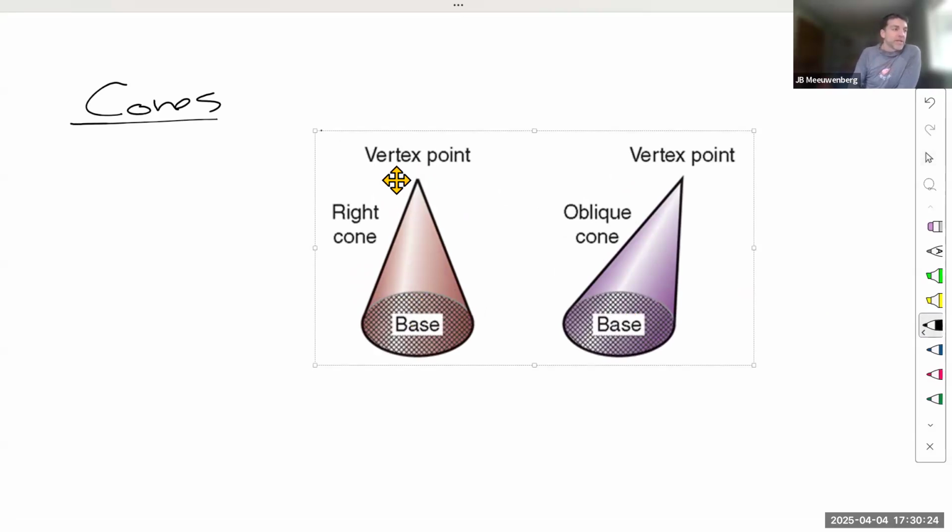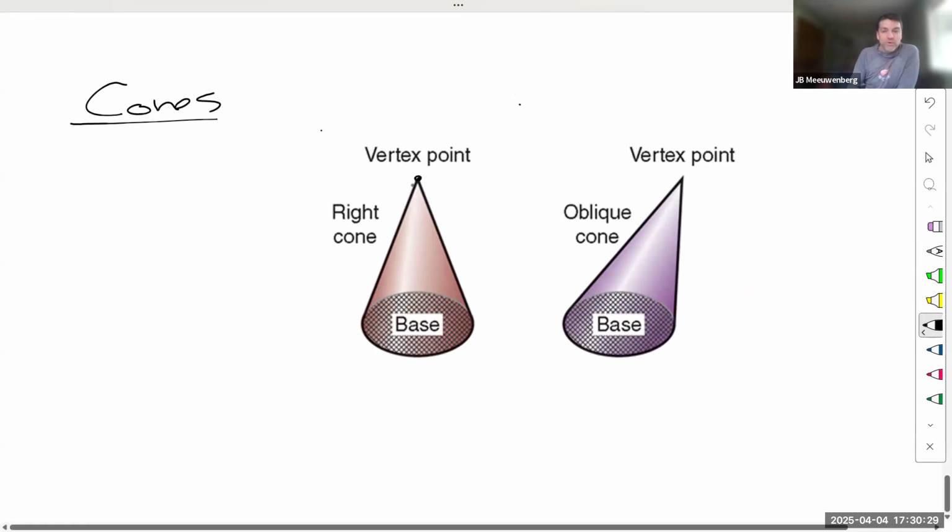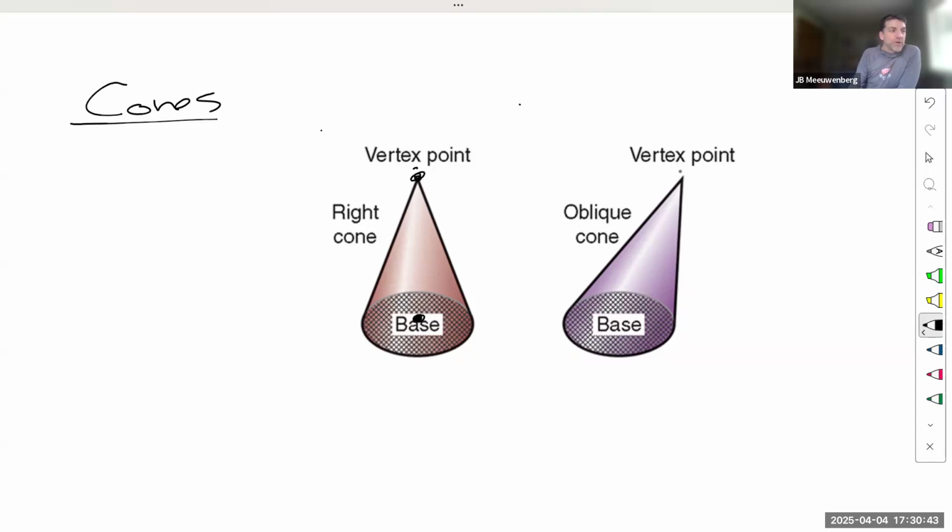Right cones, again, if you drop a line straight from the vertex point or the apex, it's going to hit right down in the middle, the center of that base. Oblique will not. It has a base that's a circle or a disc. They have vertex points called the apex. And again, like I said, we can have right or oblique cones.